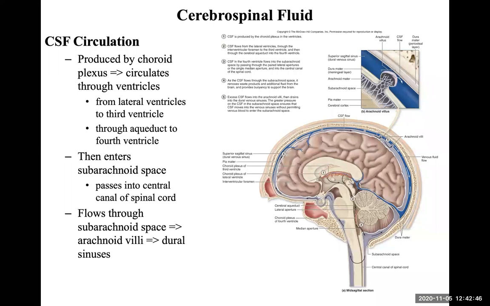And then from the fourth ventricle, it flows throughout the subarachnoid space, essentially cushioning the brain. And then it's ultimately reabsorbed by the subarachnoid villi, that dump cerebrospinal fluid back into the dural venous sinus, or otherwise back into venous circulation.